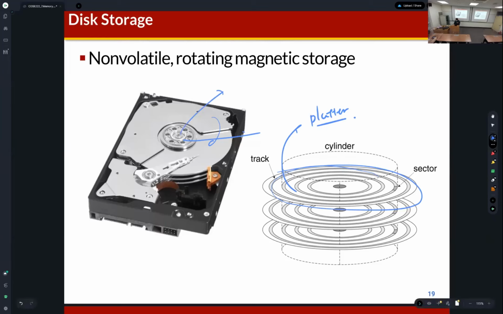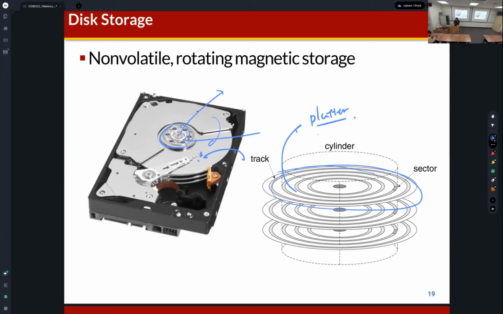The motor rotates the platter, and the head needs to move around on the platter to find the data. That's why the magnetic disk is called a mechanical drive. If we use mechanical devices, then it's very, very slow.